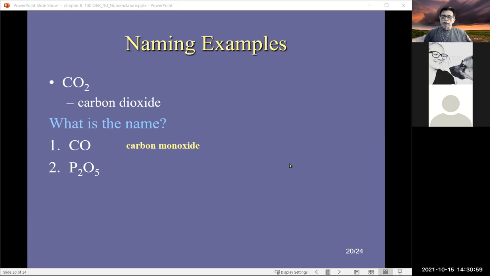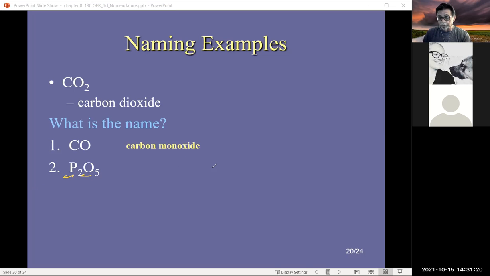My suggestion, until you become comfortable, is to first write the parent name, the base name. What we've got here is phosphorus and oxygen, otherwise known as oxide.